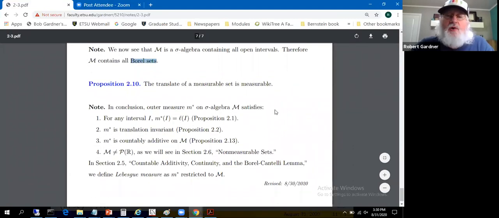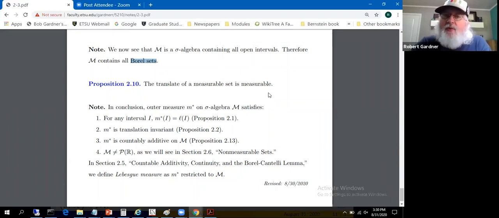We have shown that outer measure is translation invariant, but what we haven't shown is that the translate of a measurable set is measurable. That is, if set A satisfies the Carathéodory splitting condition, and we translate it, say to A plus y, then A plus y also satisfies the Carathéodory splitting condition.